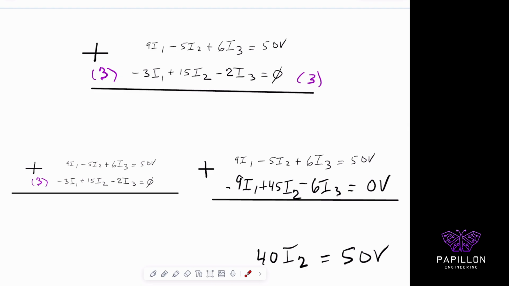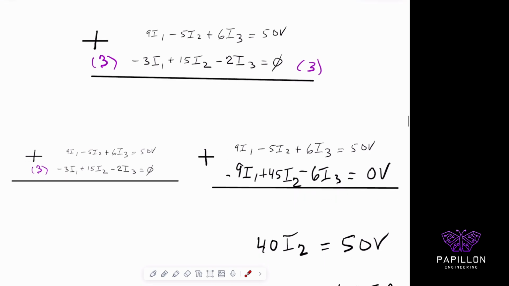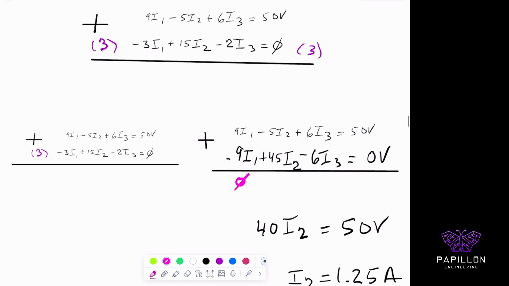And again, why am I doing this? Because mathematically, something really cool happens. When I combine that, 9 plus negative 9i1 gives me back 0. Extremely important. Minus 5i2 plus 45i2 gives me back 40i2.